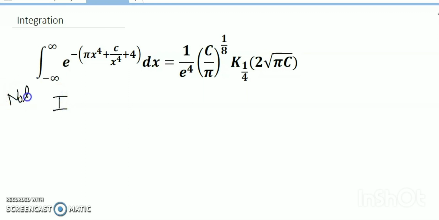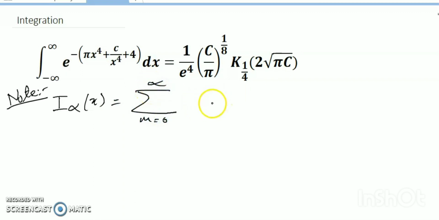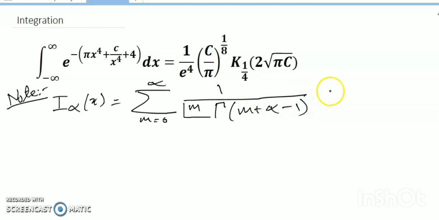Note: I alpha x equals summation m equals 0 to infinity 1 by m factorial gamma (m plus alpha plus 1) and x by 2 to the power 2m plus alpha. This is a very important formula.